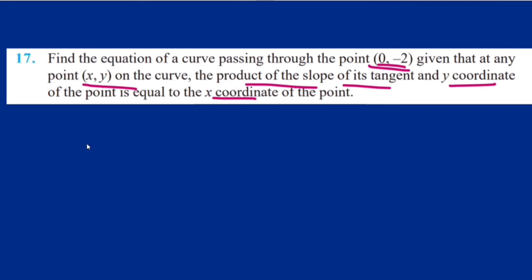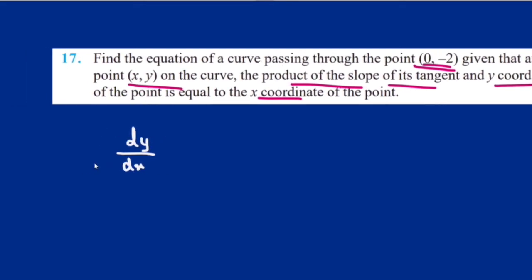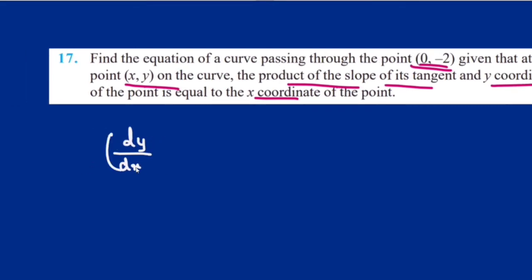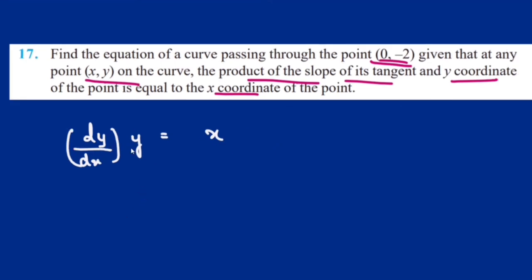So you have to form the equation now. The product of the slope, that means dy by dx, and the y coordinate, so that means into y is equal to the x coordinate of the point. That's what is given. So now you separate the variables. dy is here. So keep y terms here and x terms to the other side. So y dy is x dx. Now integrate.